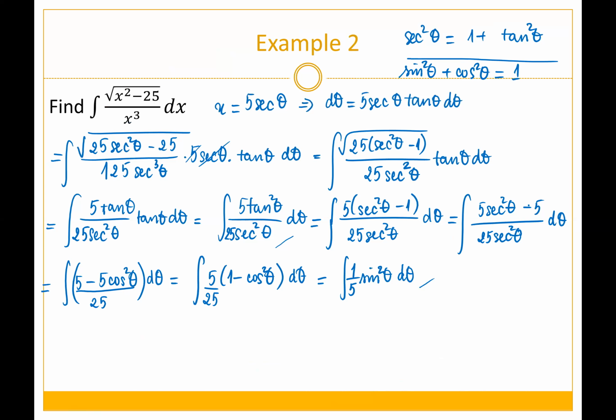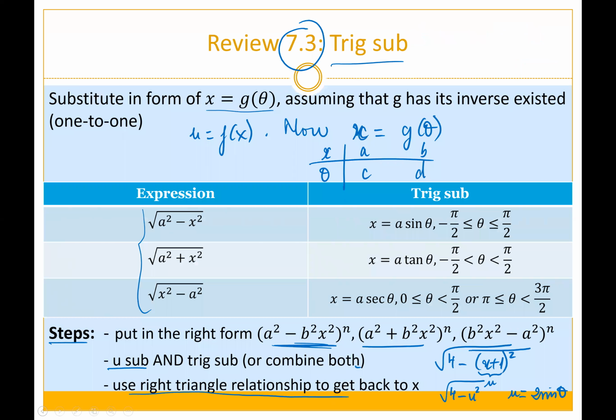Second, simplify it. Third, take the integral. When you have the final integral in the form of theta, use the right triangle formula to put it back into x. That's basically what I said here in the step. So use u sub and trig sub, solve it, and then use the right triangle formula to get it back into x. All good?